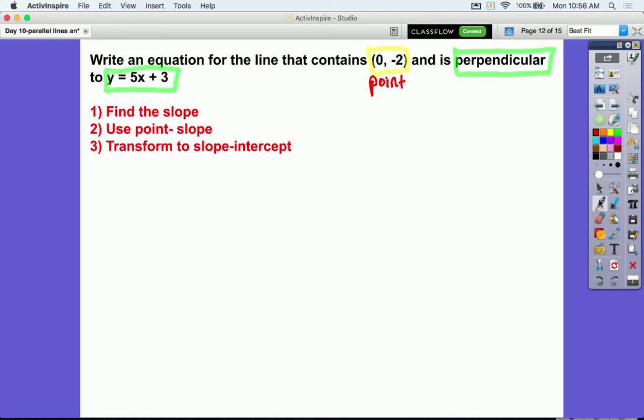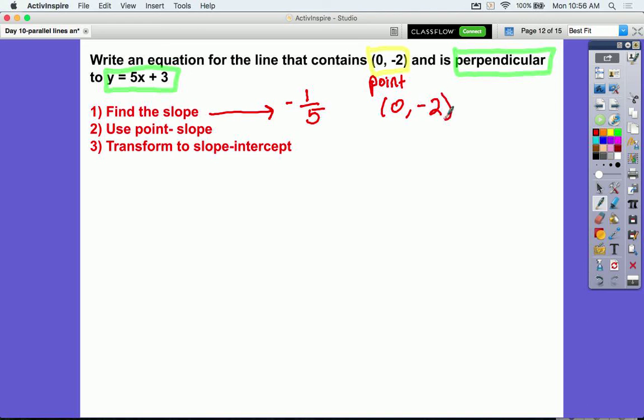So our first step is going to be, what's the slope of our new line? Well, I'm looking for a line that's perpendicular to a slope of 5. So the slope of my new line is going to be the negative reciprocal of 5 over 1, which is -1 over 5. My point here is (0, -2).